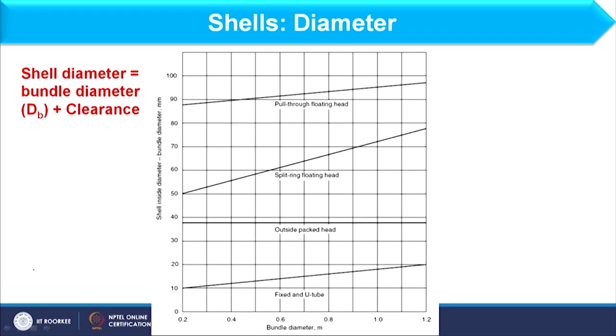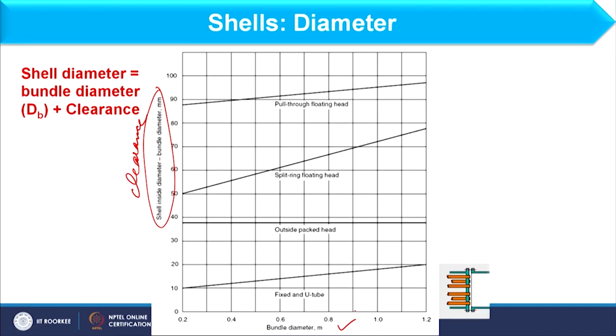So here I am having the graph where different shell and tube heat exchangers are available, and accordingly we can have shell inside dia minus bundle dia. It means this is basically the clearance. Okay. And here bundle dia is shown. So depending upon the type of shell and tube heat exchanger, we can have the clearance. So bundle dia and the type of exchanger both.